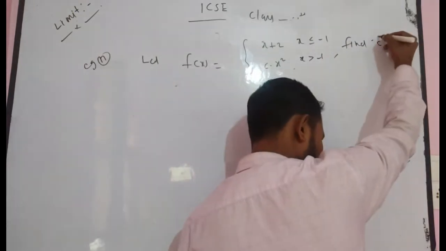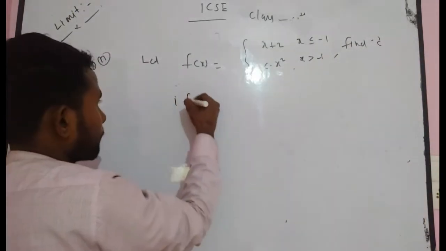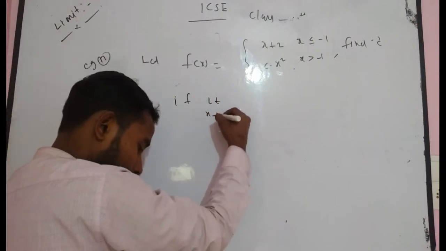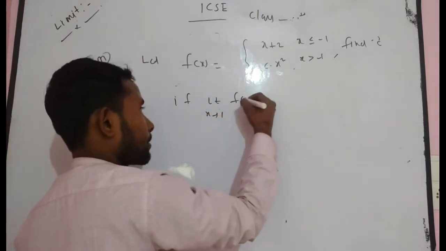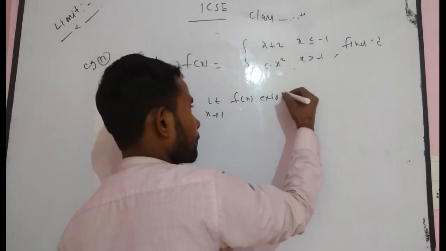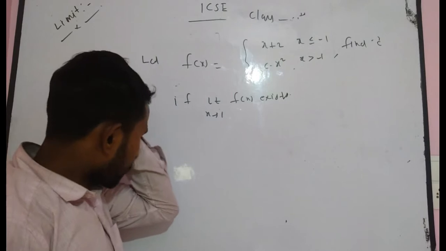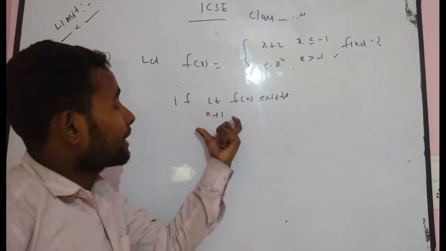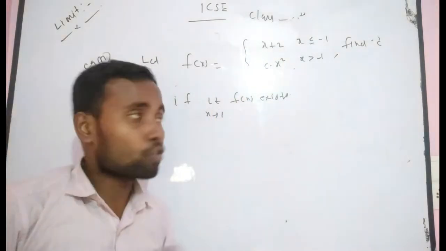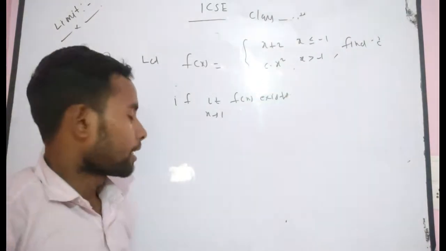Find c if the limit as x tends to 1 of f(x) exists. It is also a very easy problem. In this question they ask you to find the value of c.